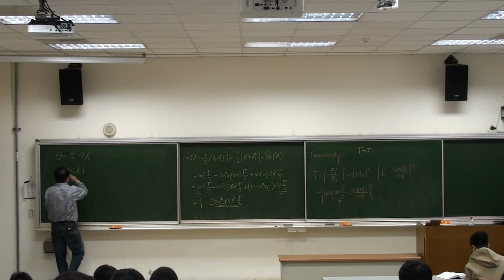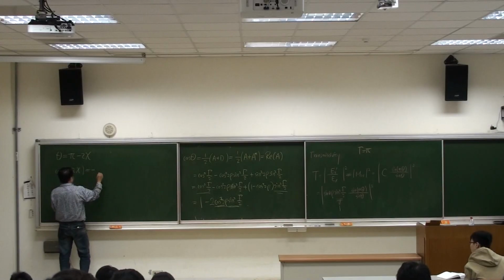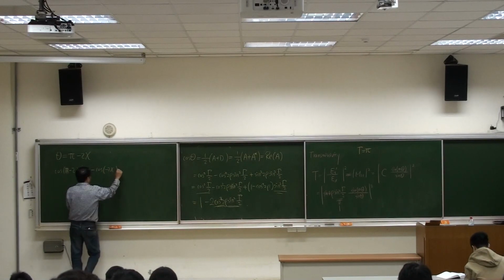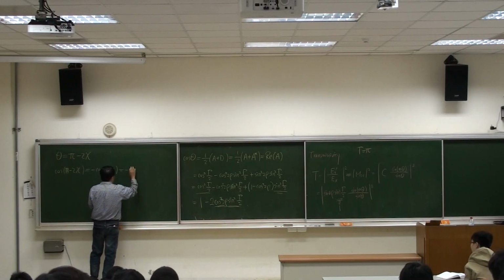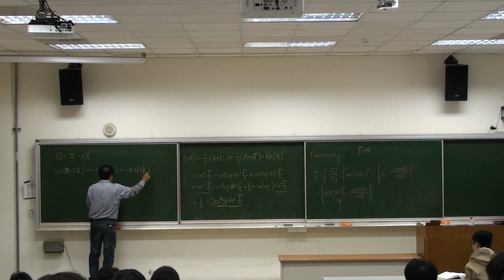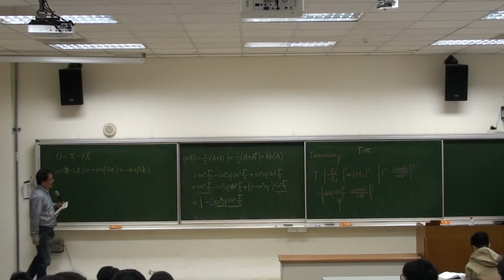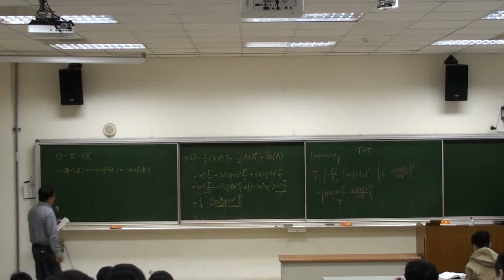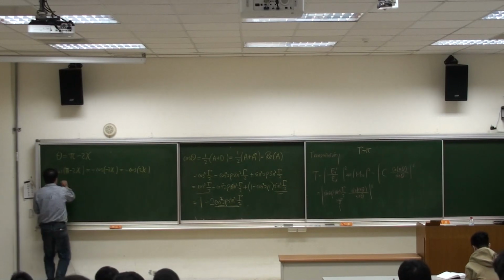Okay. Pi gives us a minus sign, and cosine of minus 2 chi is cosine 2 chi, because cosine is an even function.